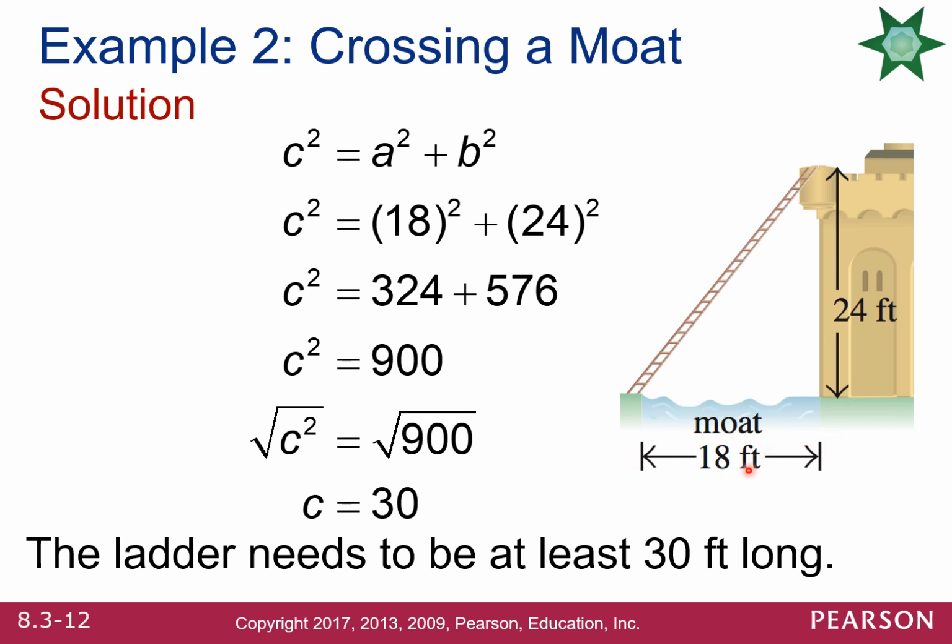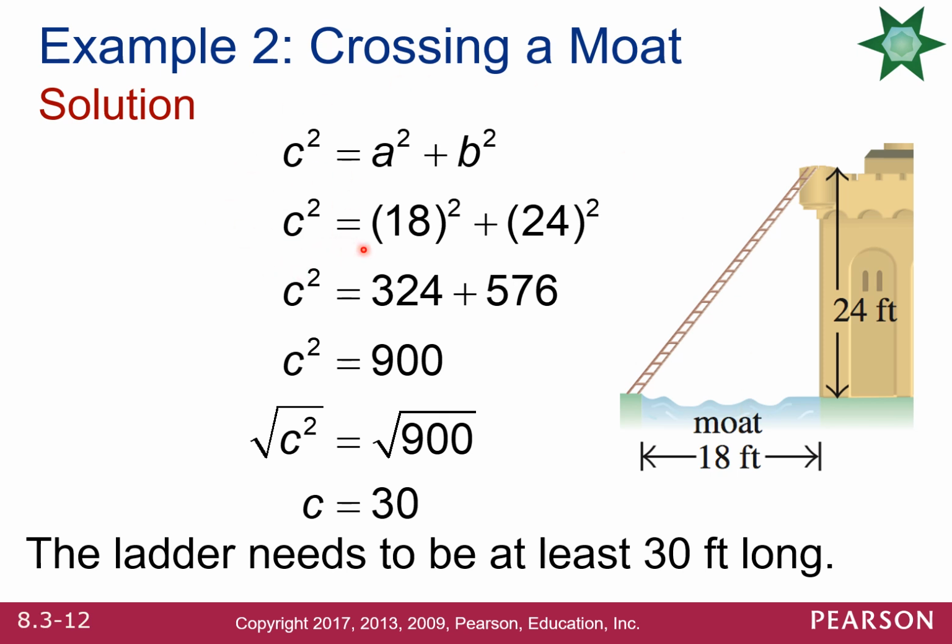Now, in our diagram in the previous slide, we represented 24 as A and B with 18, but it doesn't matter. In the final calculation we'll get the same answer whether we have denoted the length of the moat as A or B. All right, so let's continue.